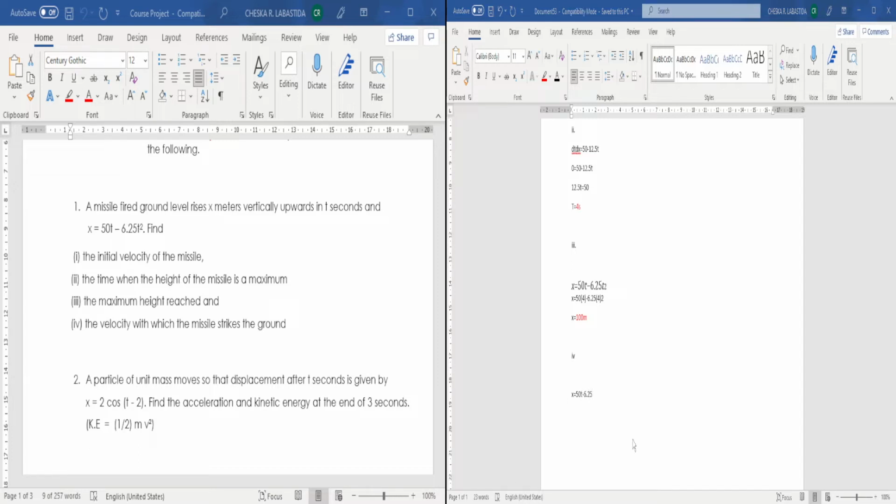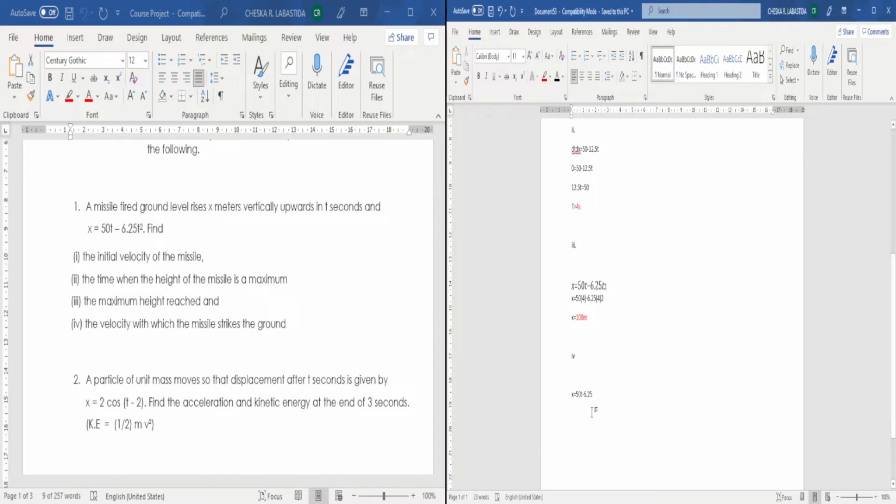Isolating t gives us t equals 0, which is the initial time, and x equals 0 when the missile is at the ground. Now we can solve the total time of travel using the new equation, 50 minus 6.25t equals 0, which gives us 8 seconds.